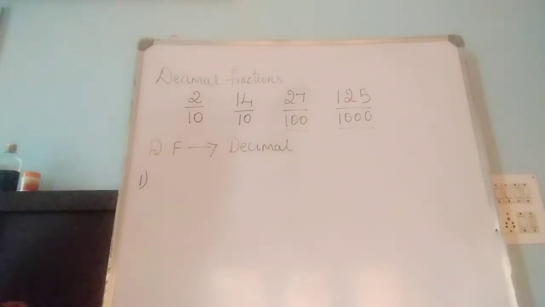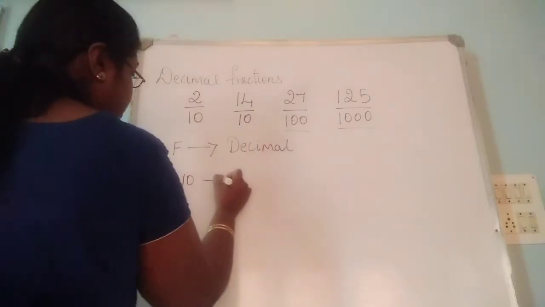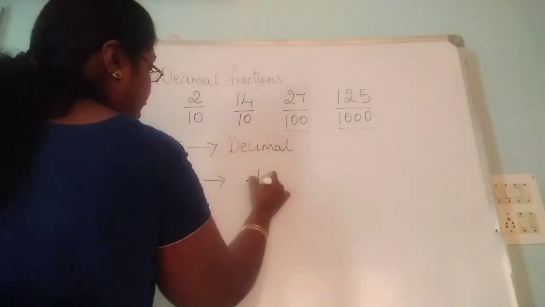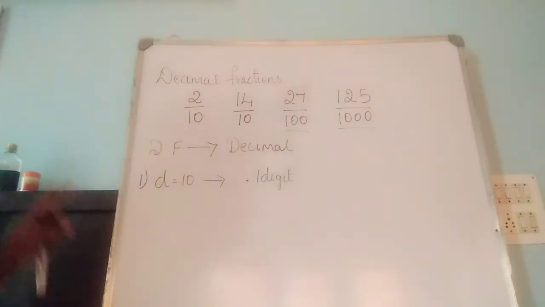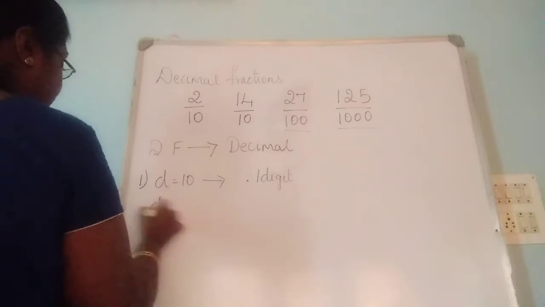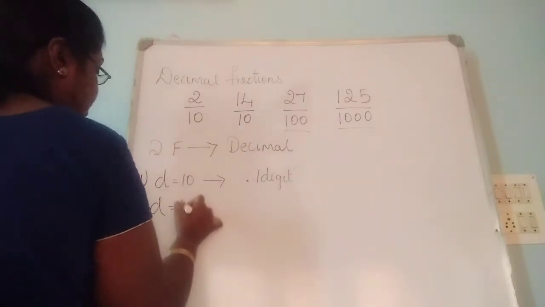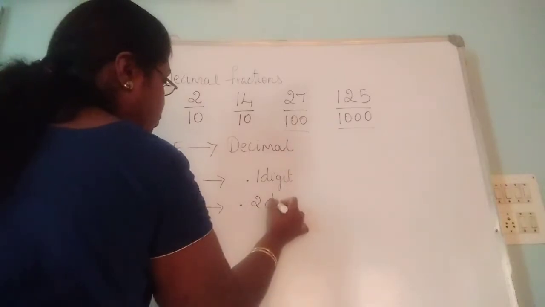First criteria: if the denominator is 10, then after the point you should have one digit. Please remember this criteria. This is very much important. If your denominator is 100, after the decimal point you will have 2 digits.